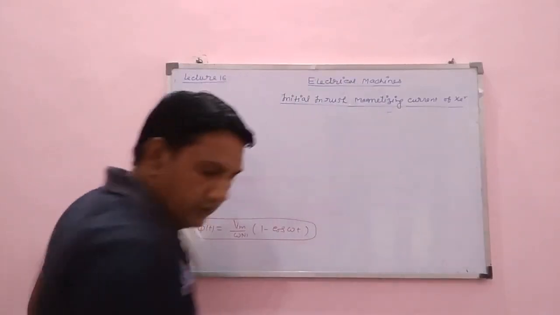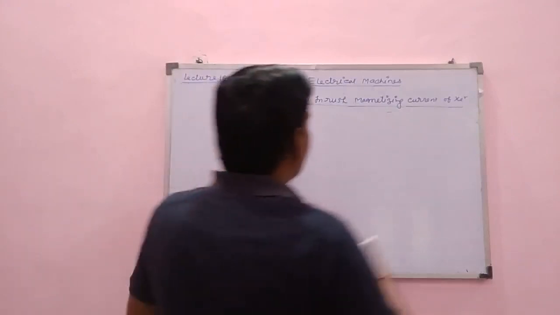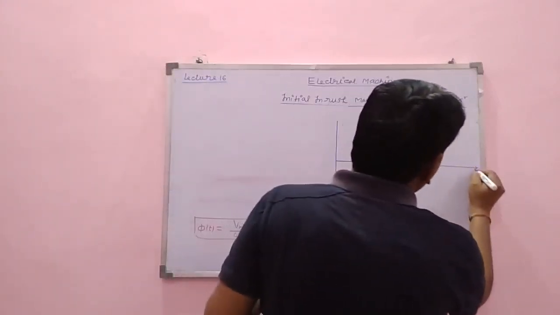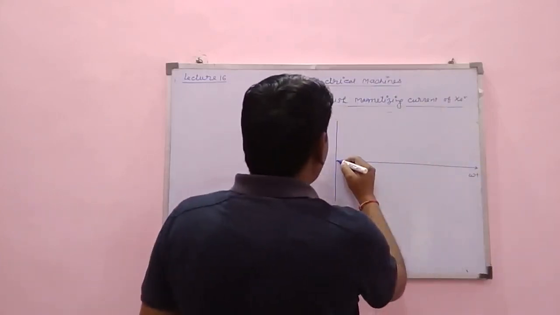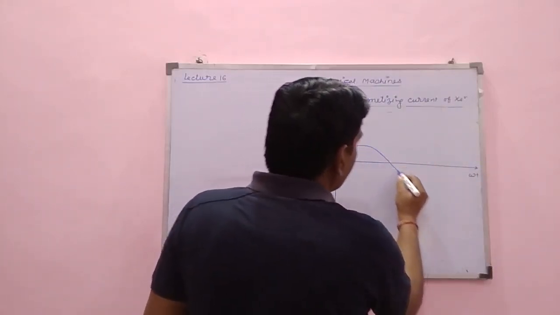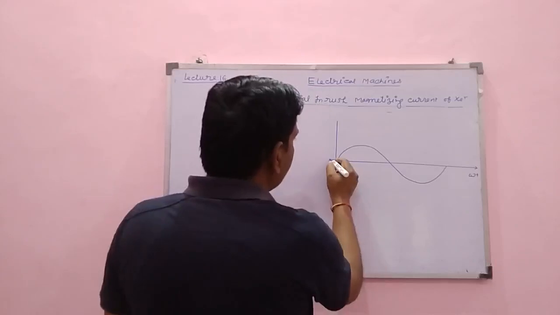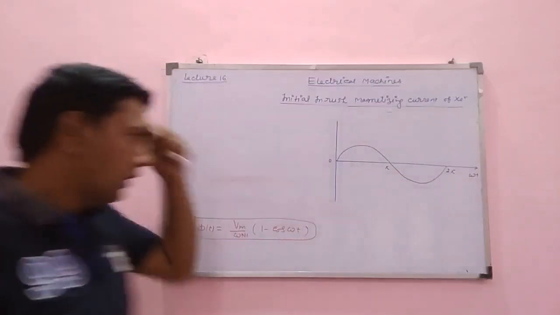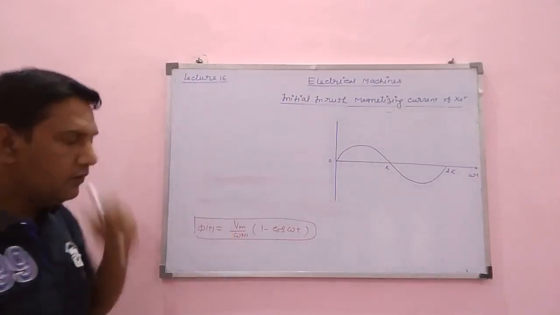So let us make the waveform a little larger for clear understanding. This is omega t. This is suppose voltage waveform. This is 0, this is pi, and this is 2 pi. Now we have to draw this waveform for flux.